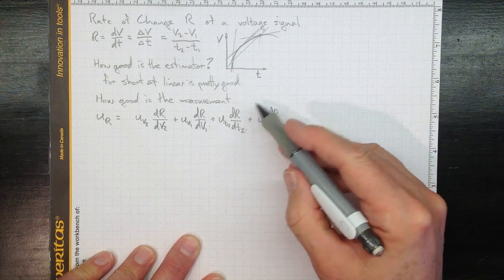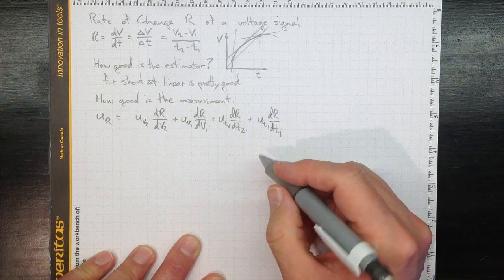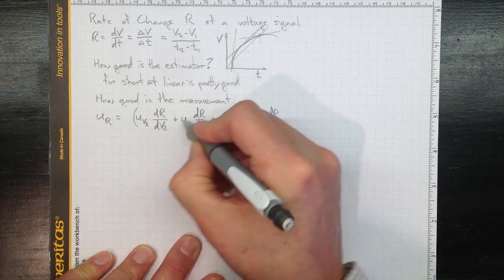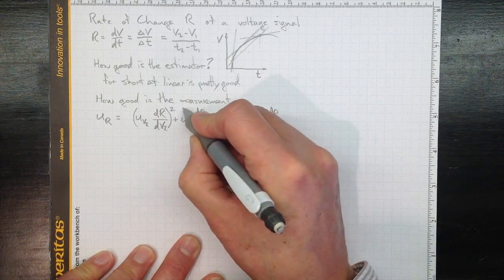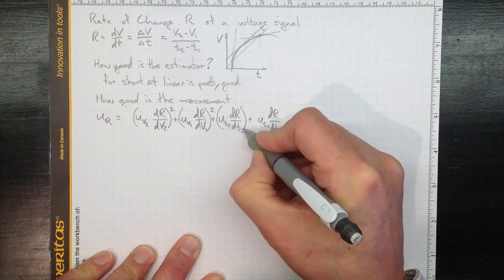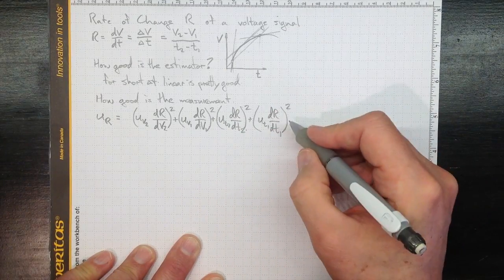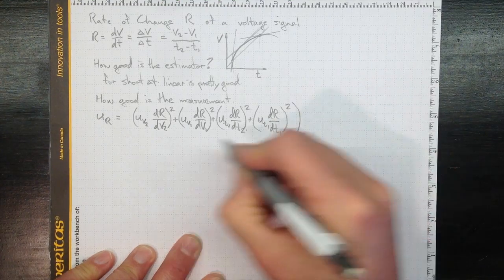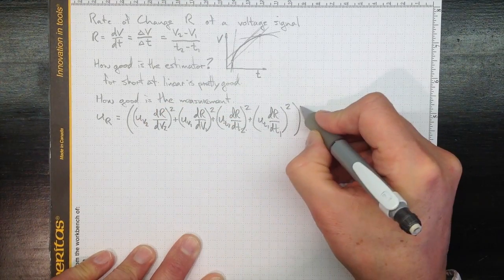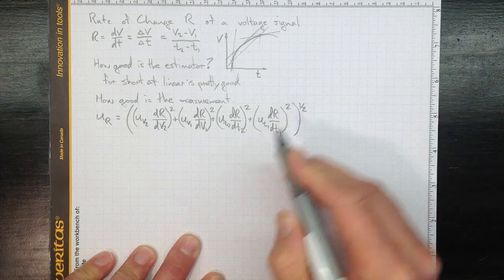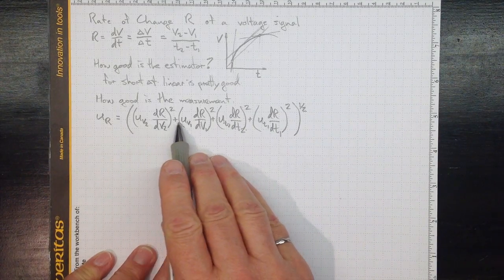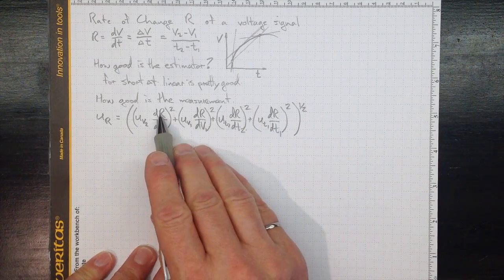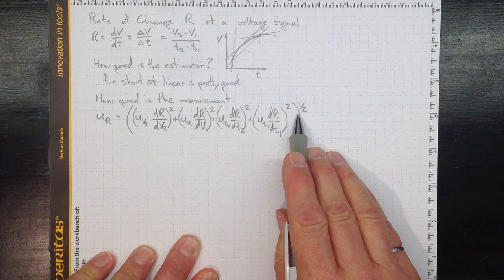Now again, because we're combining multiple probability distributions, we take the square of each of these contributions, sum them up, and then we take the square root. So we're only going to be interested in the magnitudes of each of these contributions because it's going to square.